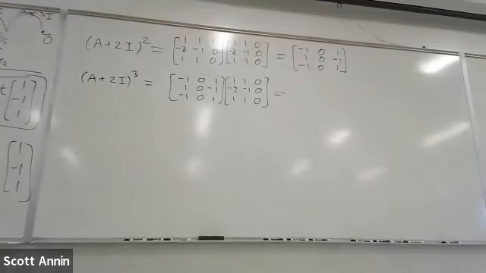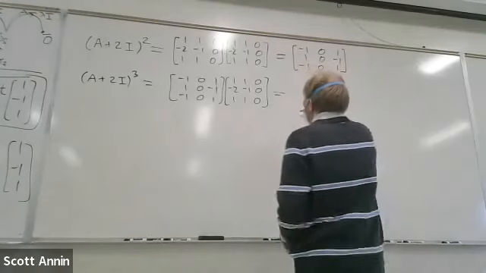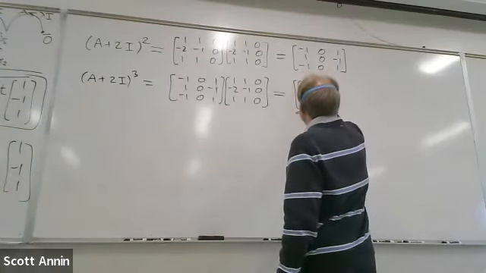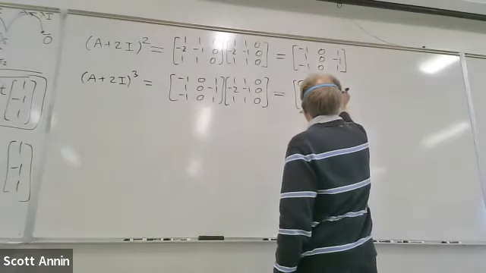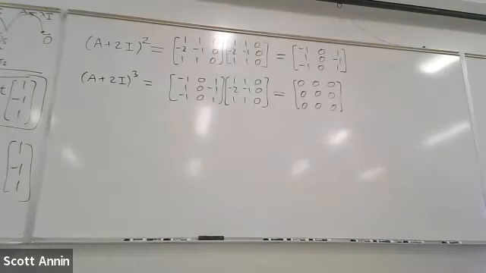Set that up like that, and I have to just multiply that out again. And I am going to save you the aggravation of that as well. When you cube this matrix, guys, it turns into all zeros.